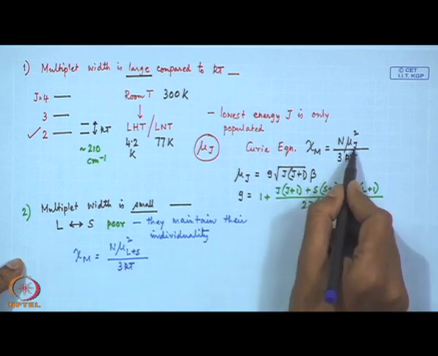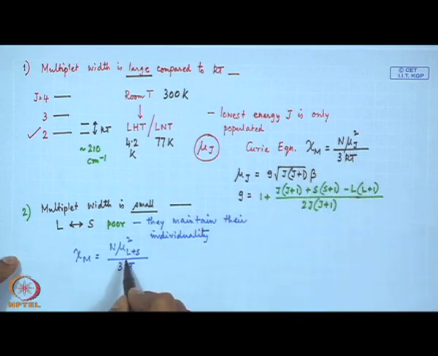So, instead of J mu J, we have mu L plus S. So, in this particular situation we can find out the total values related to mu L plus S.